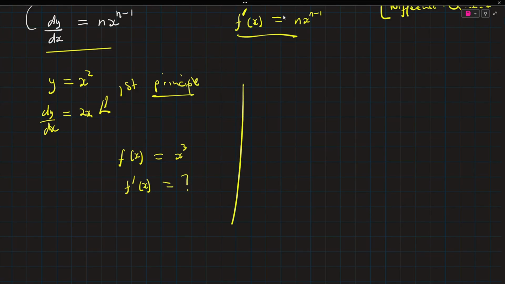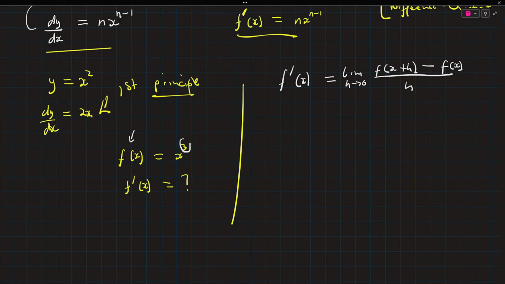So by the first principle, let's go. We said f prime of x by the first principle is equal to the limit as h approaches 0 of f of x plus h minus f of x, all over h. Is that so? In this particular moment, our y, which is our f of x, is cubed.